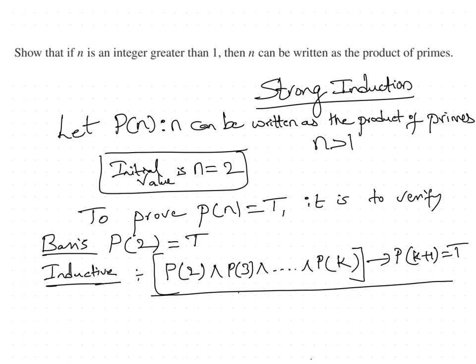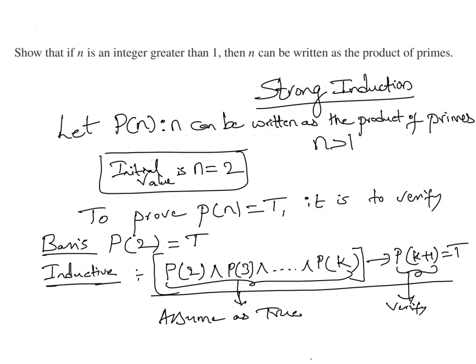So to show this particular implication as true, it is to assume this one as true and verify this as true or not.